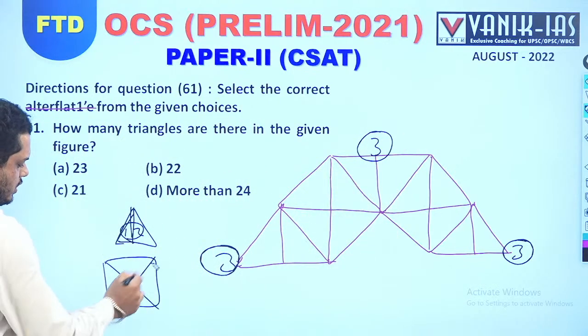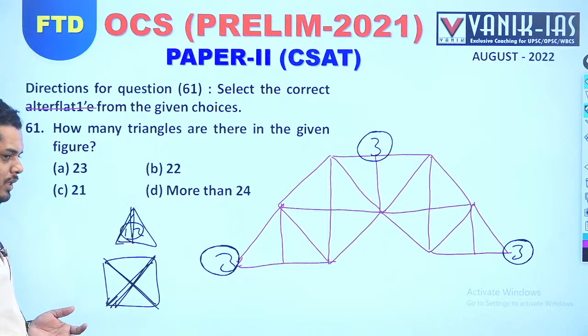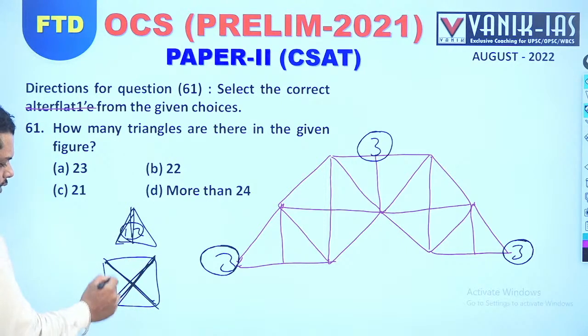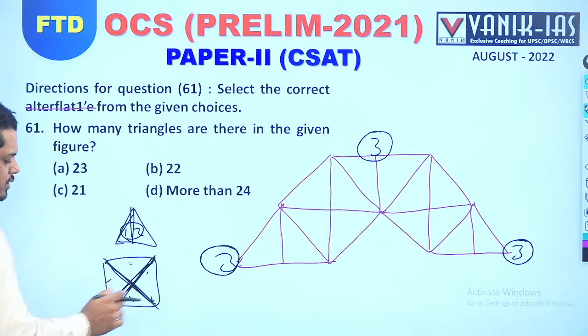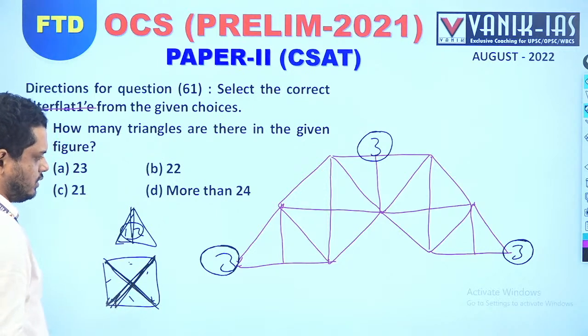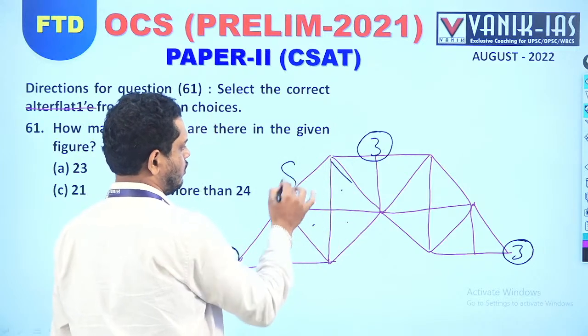And if diagonally crossed in any quadrilateral, that may be rectangular, rhombus, square, anything, if it is connected with its diagonals, then whatever parts are created there, double that part count will be considered as the number of triangles. Here we have 1, 2, 3, 4, 4 twos are 8.